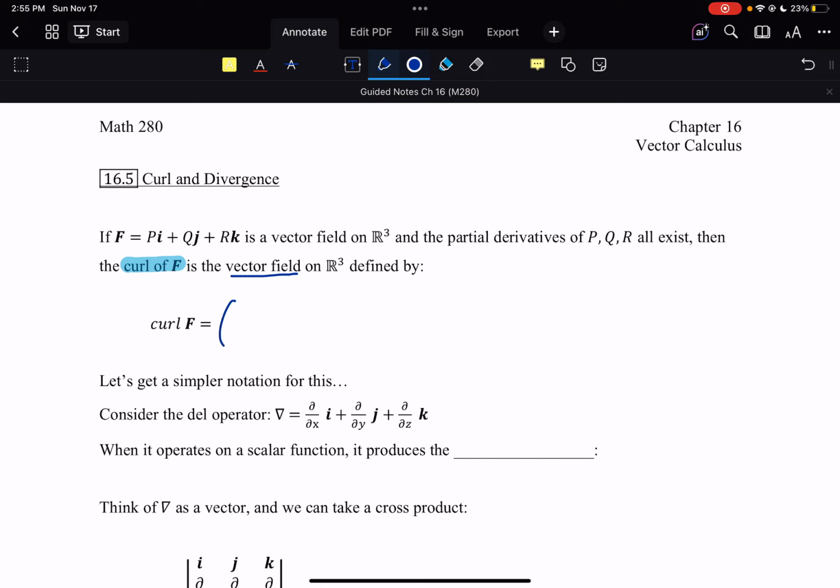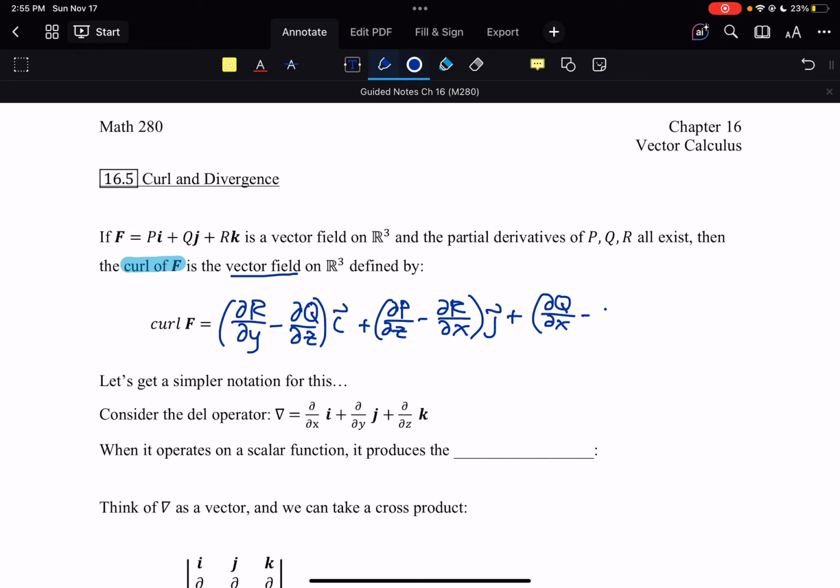This is the partial derivative of R with respect to y minus partial of Q with respect to z, i, plus partial of P with respect to z minus partial of R with respect to x, j, plus partial of Q with respect to x minus partial of P with respect to y, k.